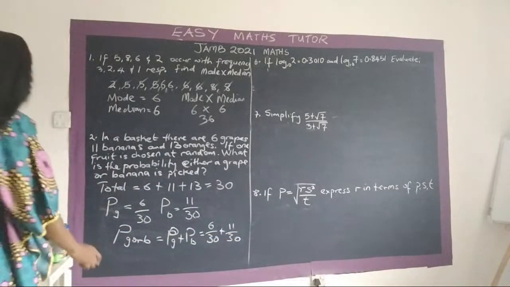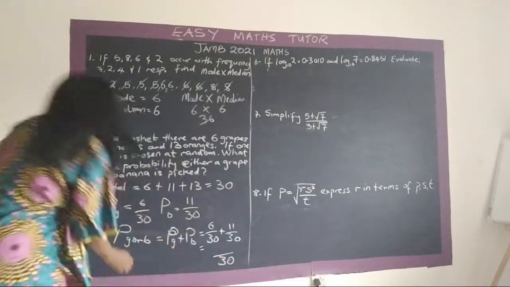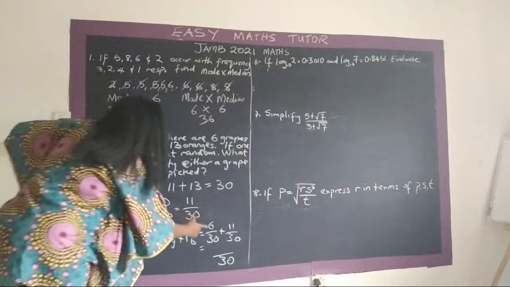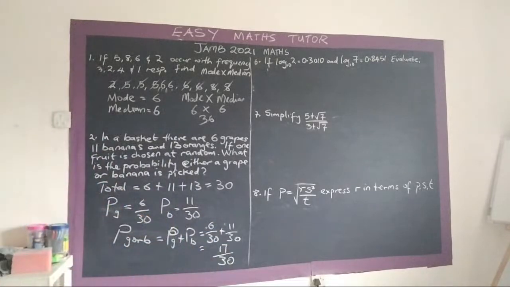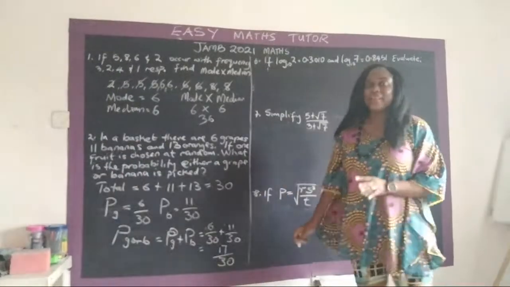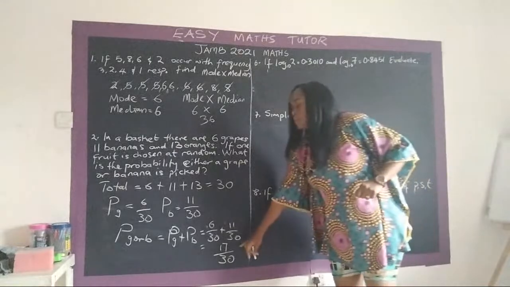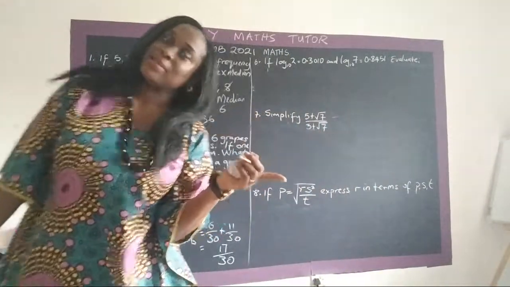It has a common denominator of 30, so we add the numerators. The probability of picking either a grape or a banana is 17 over 30. That's another 2 marks.